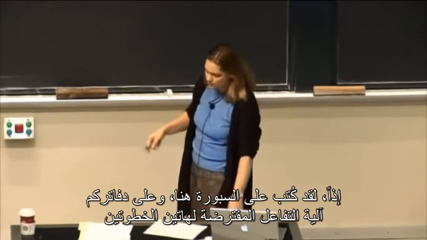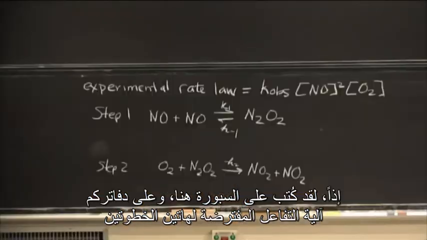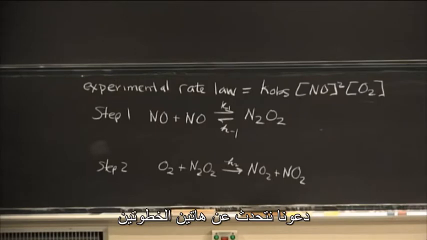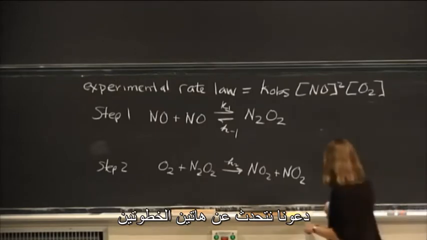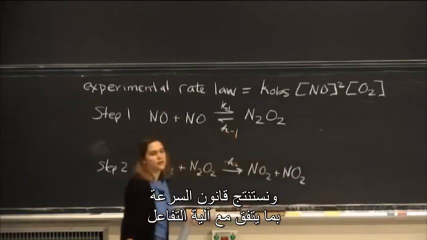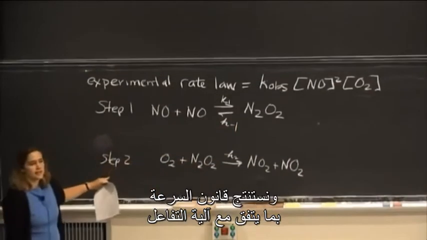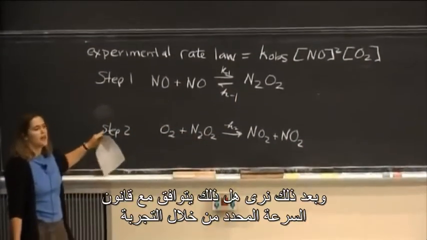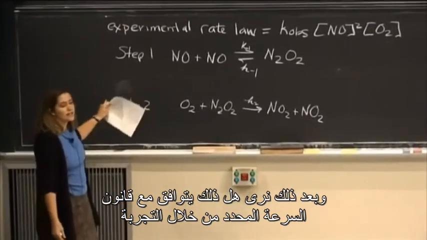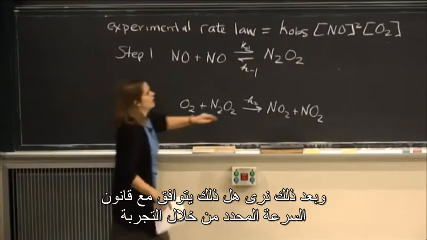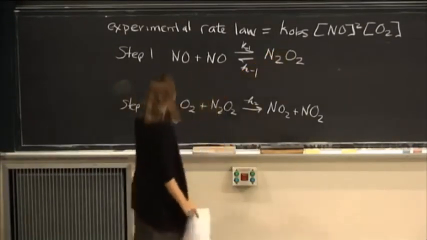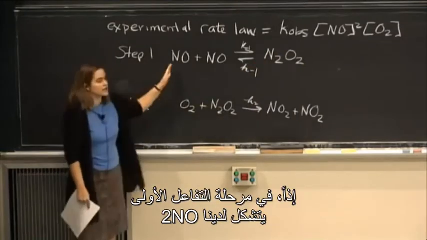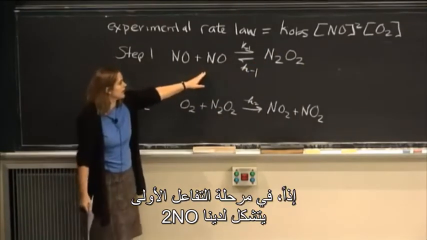So on the board here and on your notes, we have a two-step proposed mechanism. Let's talk about these two steps, and come up with a rate law that's consistent with this mechanism, and then see if that agrees with the experimental rate law that was determined. In the first step of this reaction, we have two NOs coming together.